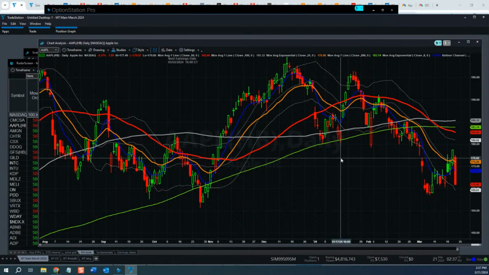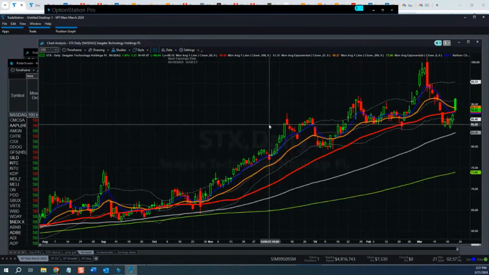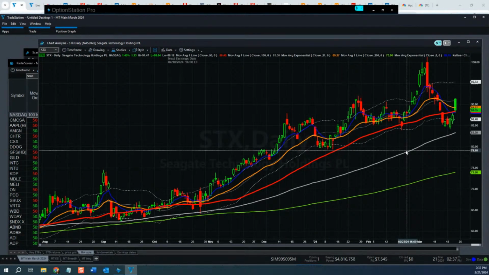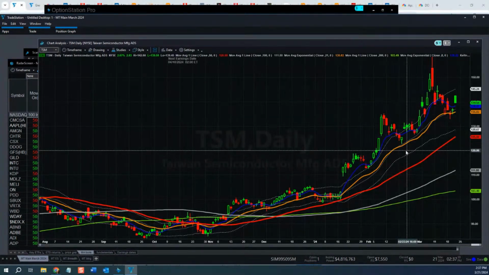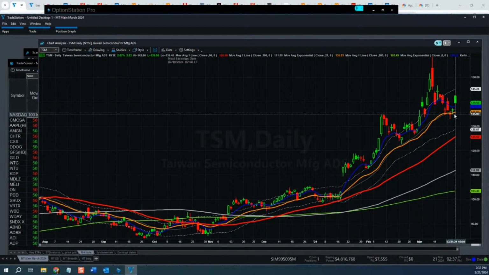Just a few others that were interesting to me were Seagate and Taiwan Semi, which are also in this kind of camp, where you look at how the 8-day is under the 21-day. But Seagate, STX, and Taiwan Semi, both of these are names where potentially we could see some chopping. And if it gets back down closer to the bottom of its range, selling some put credit spreads could potentially be an approach in a name like this.